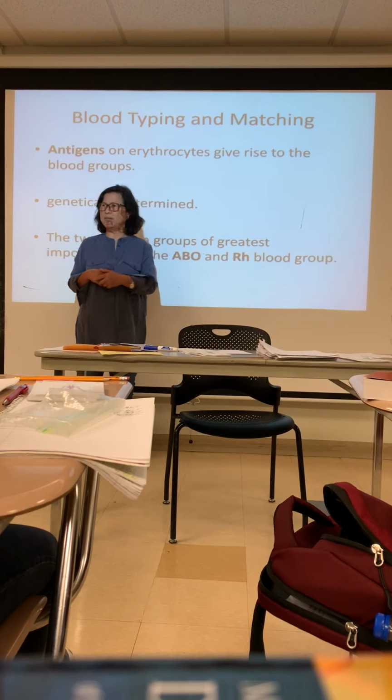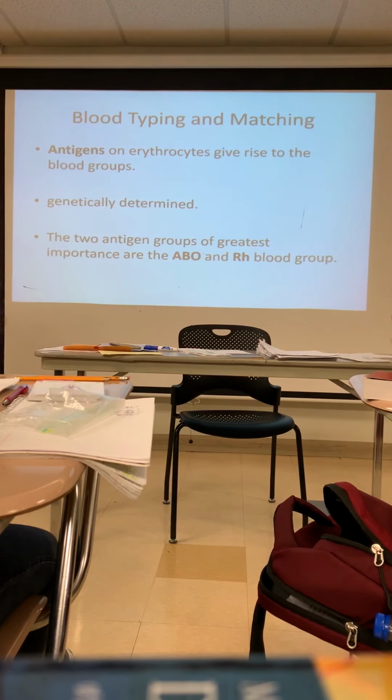What is RH? In RH, there's another form of blood typing. RH comes from the words rhesus monkey. They used the monkey as a guinea pig, an experimental animal, to find that particular antigen. There are so many antigens like C, D, E, F, but they just take out the D. If the D antigen is present, you are RH positive. If the D antigen is absent, you are RH negative.